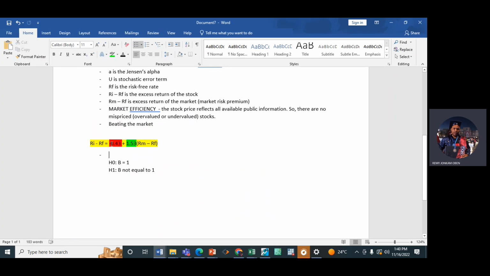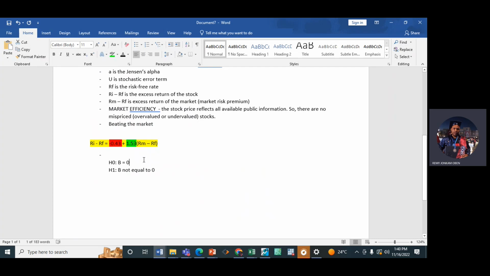But if you test the hypothesis and you discover that this alpha is statistically different from 0, which means it is statistically significant, then it means the stock is mispriced, which means there is either an undervaluation or overvaluation.